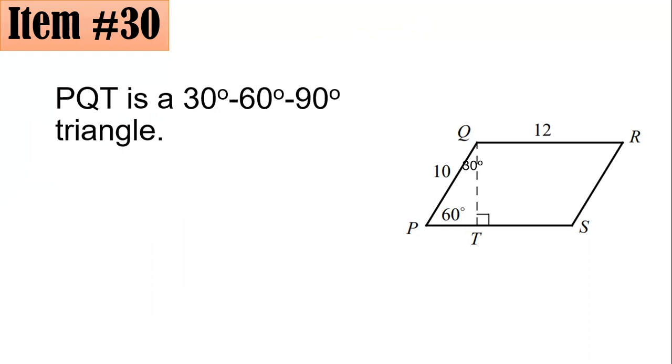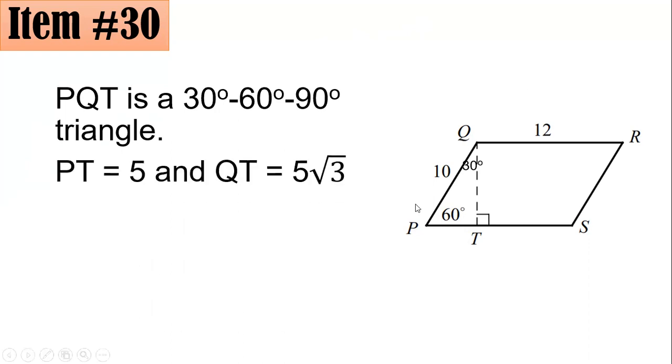Remember that in a 30-60-90 right triangle, PQ is the hypotenuse, since PTQ is a right angle, and the hypotenuse is opposite your right angle. The side opposite the 30-degree angle is half of your hypotenuse.